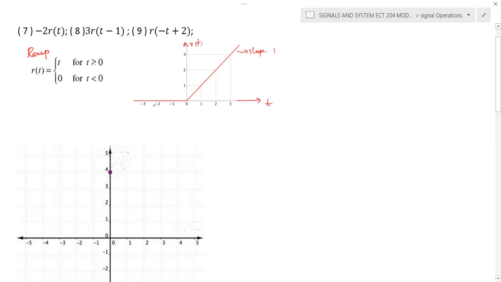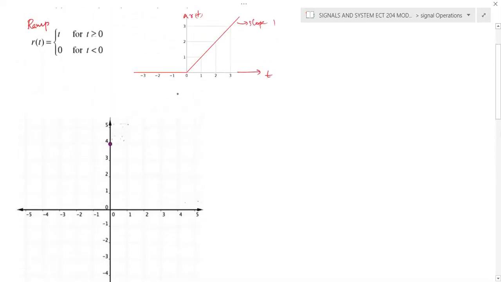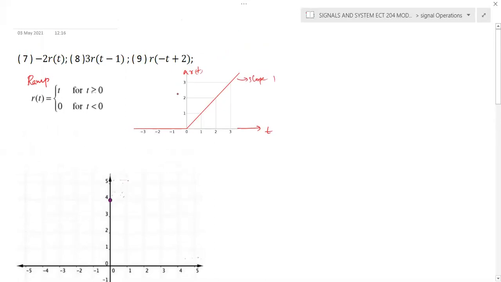And for t less than 0, the function magnitude is 0. Now we need to plot the signal minus 2 r of t. So r of t is already given, and the definition we already wrote: r of t is equal to t for t greater than 0 and 0 for t less than 0.